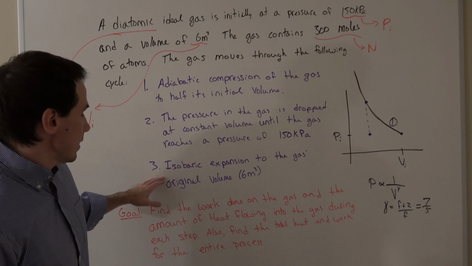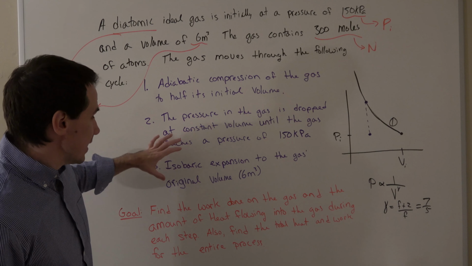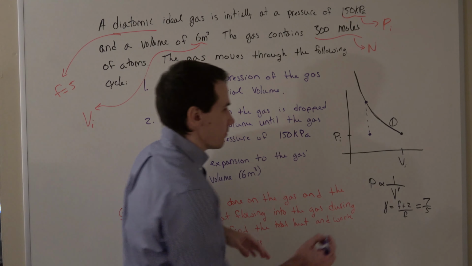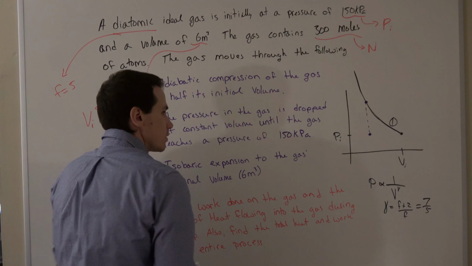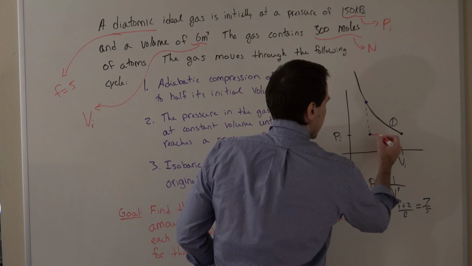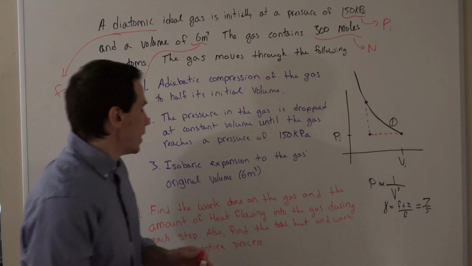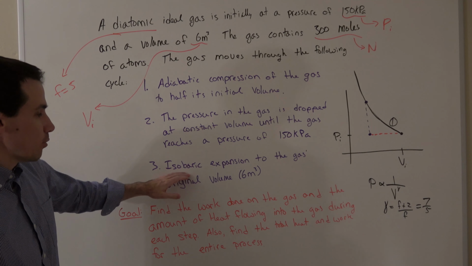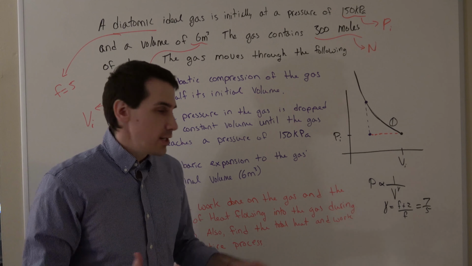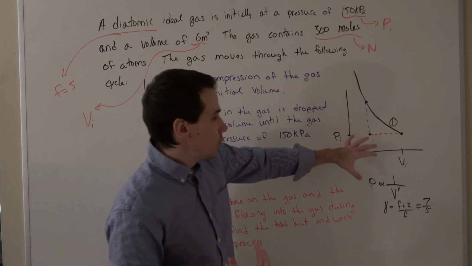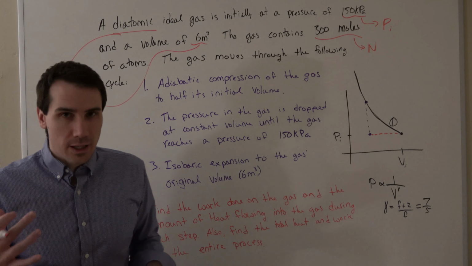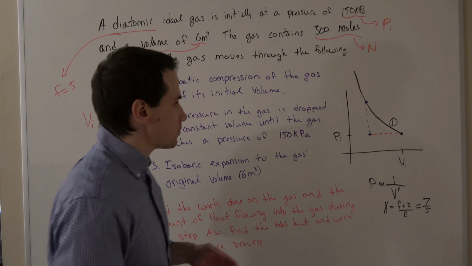And then lastly, I expand the gas back to its original volume. So I have a line straight back here. And I know that isobaric means that the pressure doesn't change. So I'm expanding it back to its initial volume at a constant pressure.